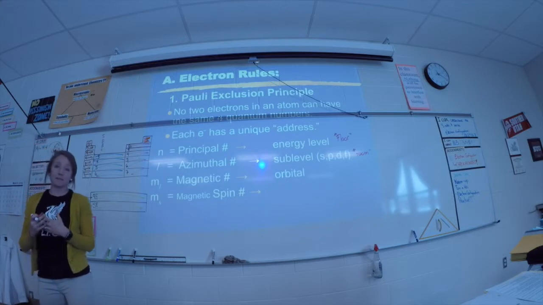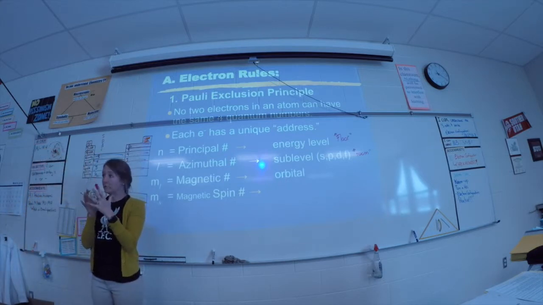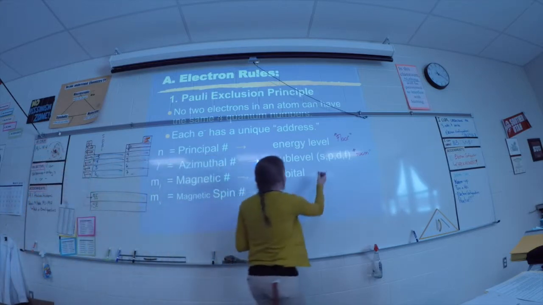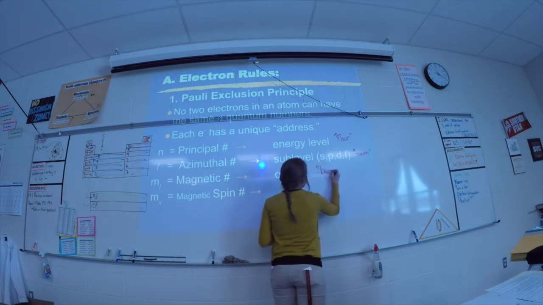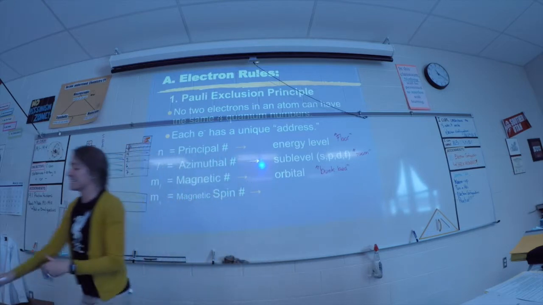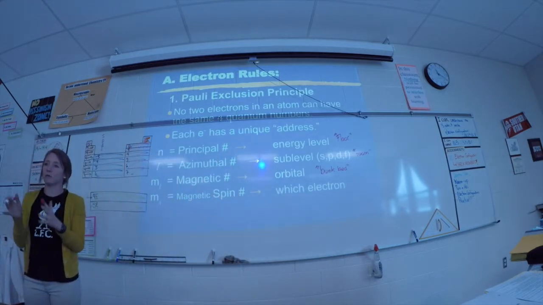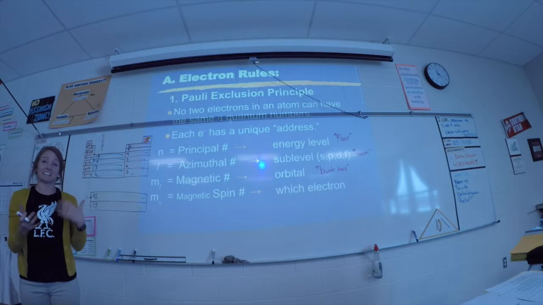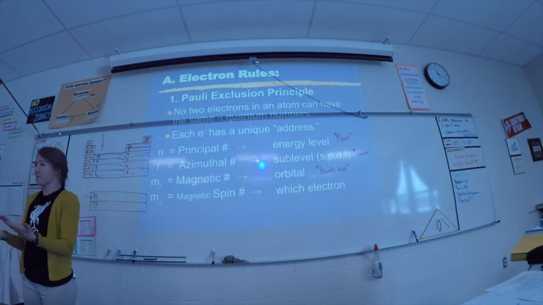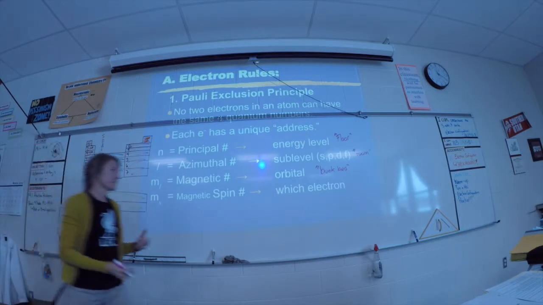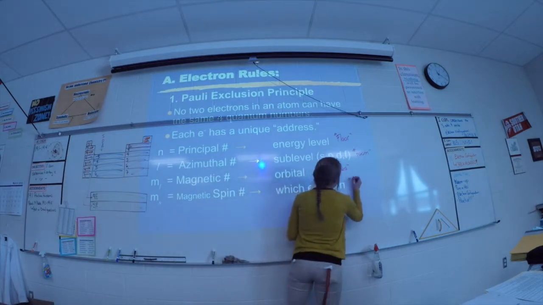The magnetic quantum number is the orbital, which in our case were the bunk beds. But then finally, the last designation narrows it down to a single electron, because that's telling us if it's on the top or the bottom of the bunk. Okay? And that has to be different.